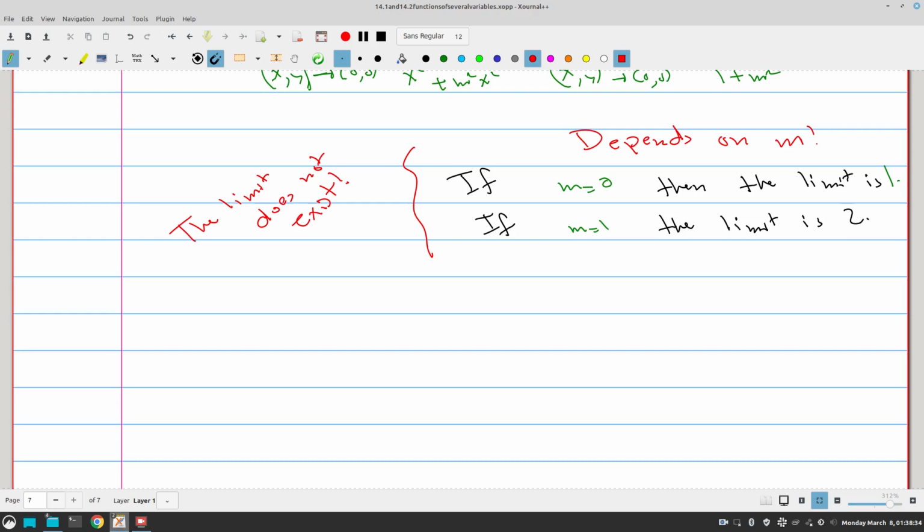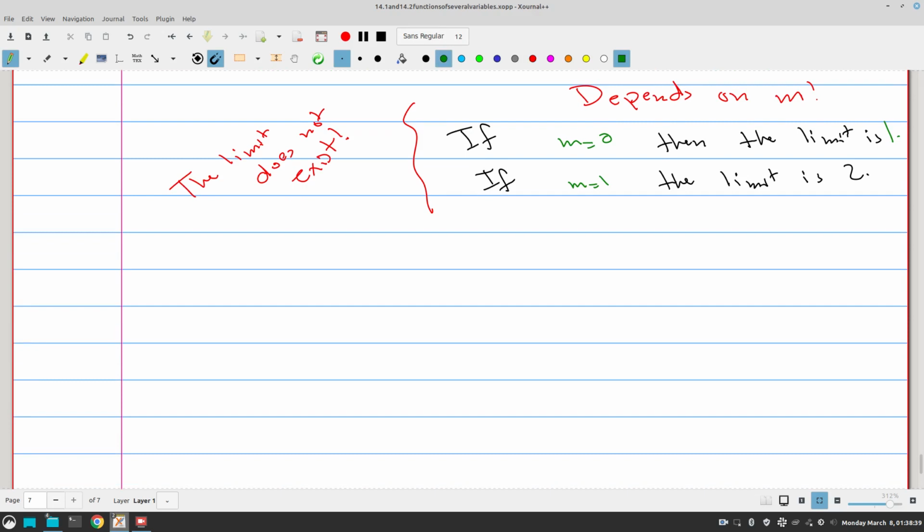You can show this yourself using the same method: the limit as x and y go to 0, 0 of xy squared divided by x squared plus y squared does not exist.